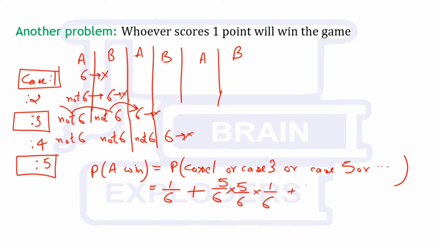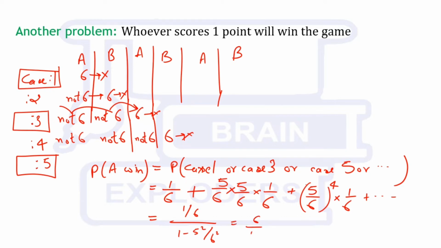Similarly for case 5, here we will have 5 by 6 raised to the power 4 multiplied by 1 by 6, and so on. On adding by applying geometric progression, we will get this, which is equal to 6 by 11.